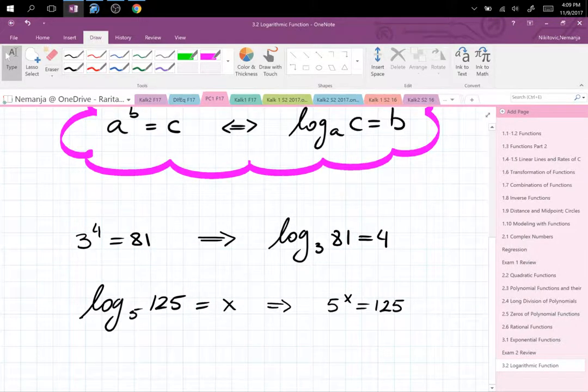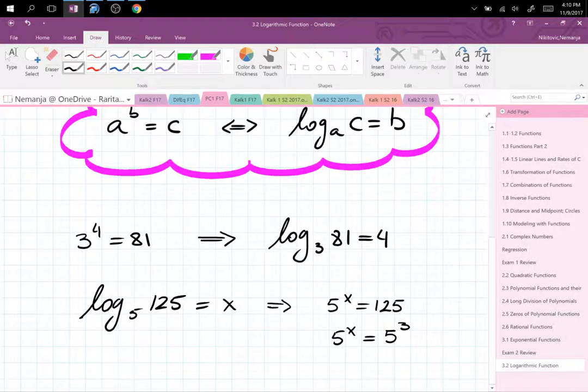Now, can I write 125 as a base 5 somehow? Anyone? Can I write the number 125 as a base 5 with some exponent on it? So what's the exponent? Yes, cube, 3.